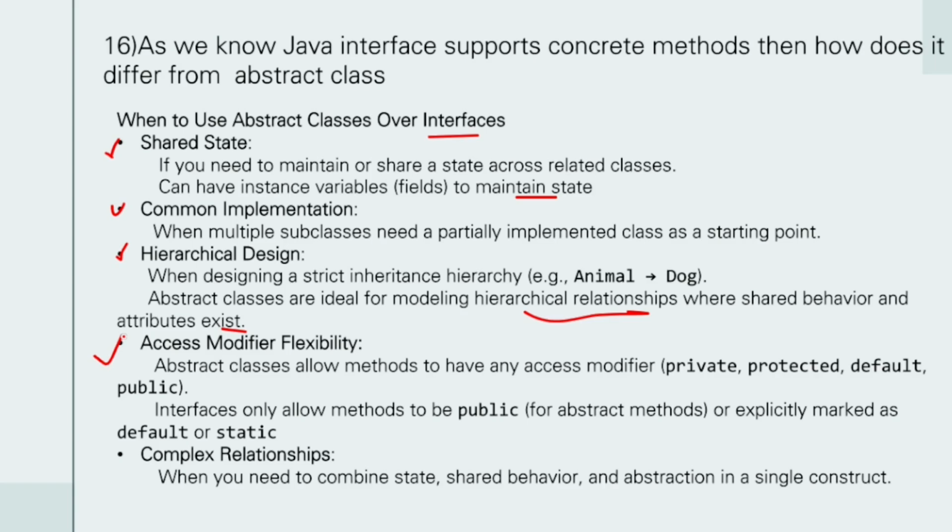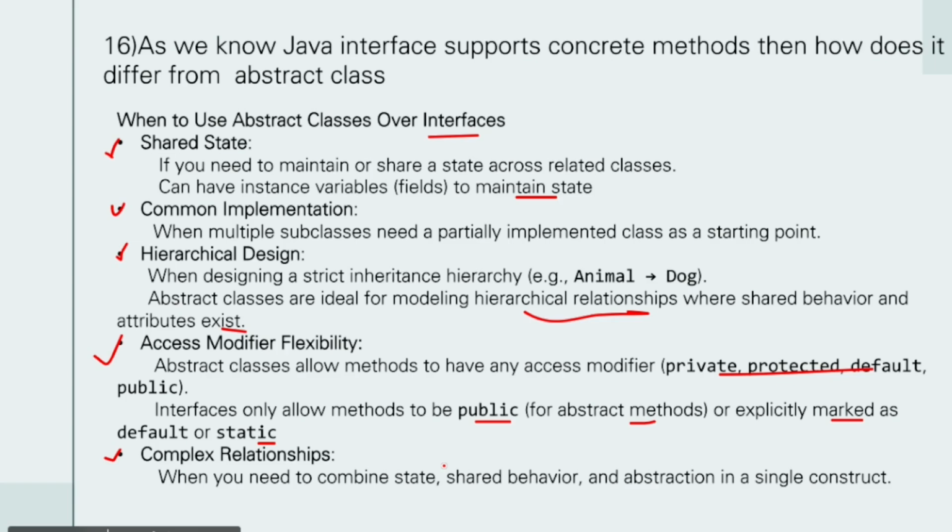Abstract classes allow methods to have any access modifier: private, protected, default, public. Interfaces only allow methods to be public for abstract methods, or explicitly marked as default or static. Now our last point is complex relationships, where you need to combine state, shared behavior and abstraction in a single construct.